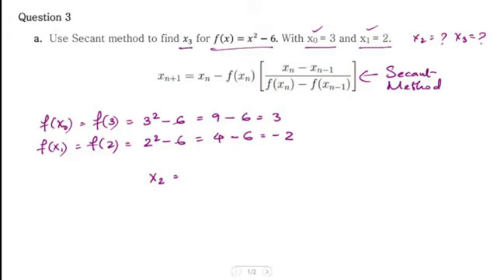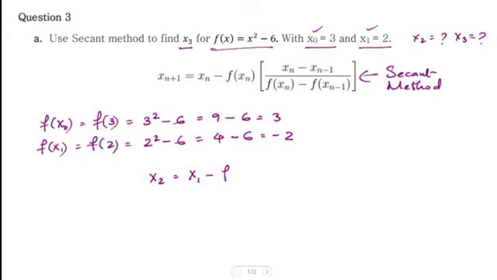So we have x1 minus f of x1 times x1 minus x0, divided by f of x1 minus f of x0.